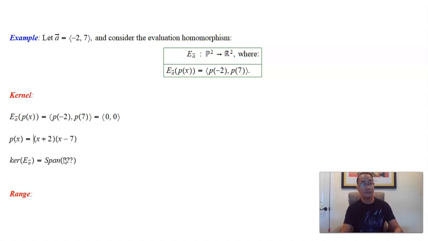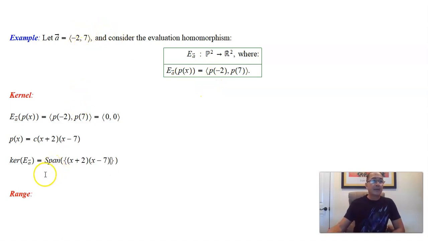So therefore, p of x has to be a multiple of x plus 2 times x minus 7. It can't be anything else. So there you go. We found the basis for our kernel. It must be a multiple of this. So therefore, that span is the kernel of that transformation for these two inputs.